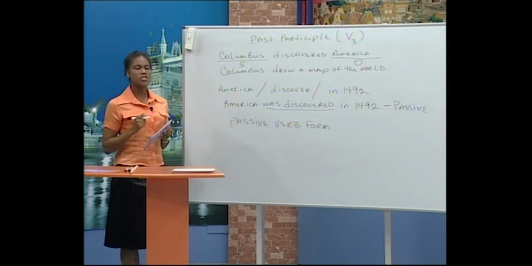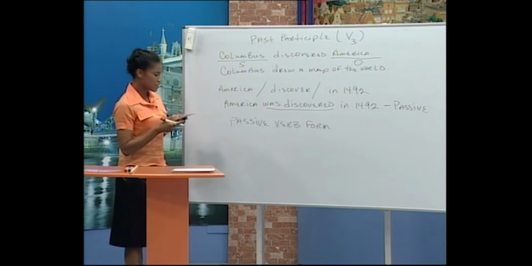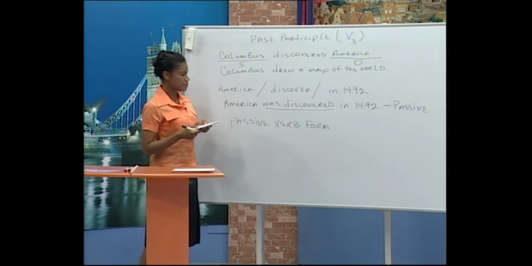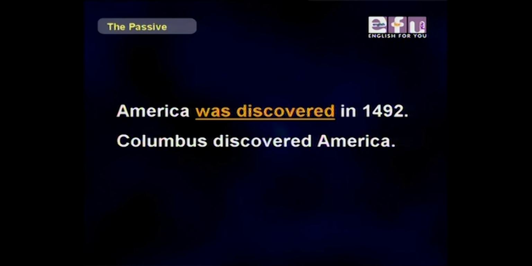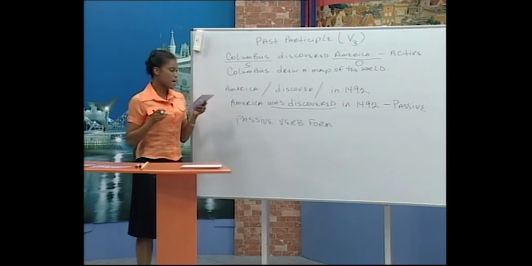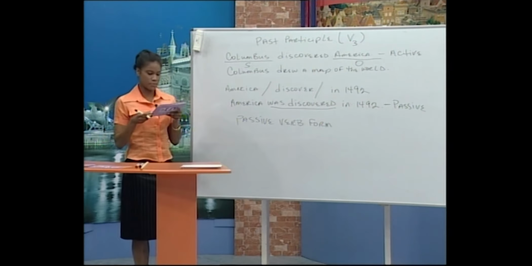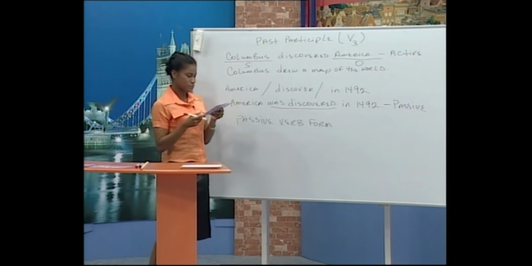Who did the action of discovering? America or Columbus? Sylvia? Columbus discovered America. Good. We call this sentence active. Okay, the passive is a new verb form for you, but it is logical.